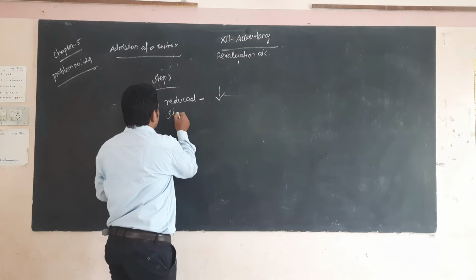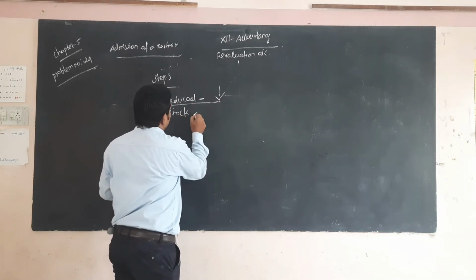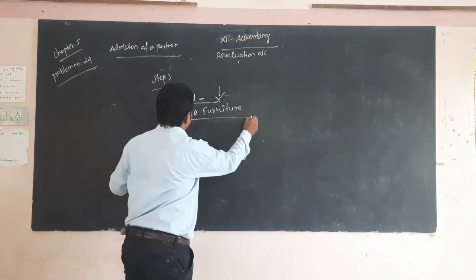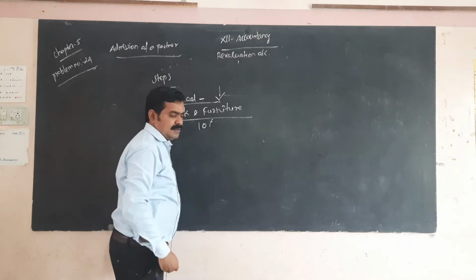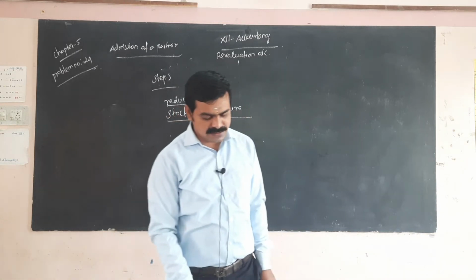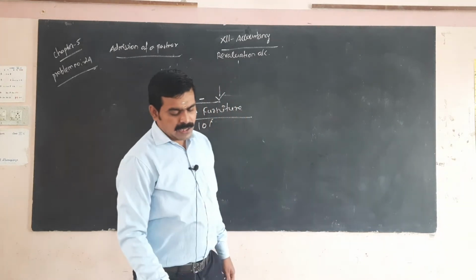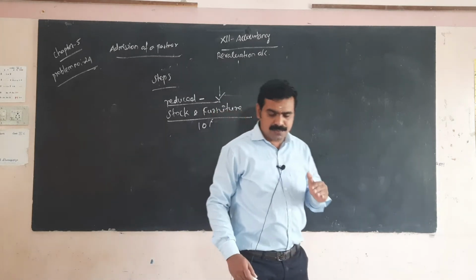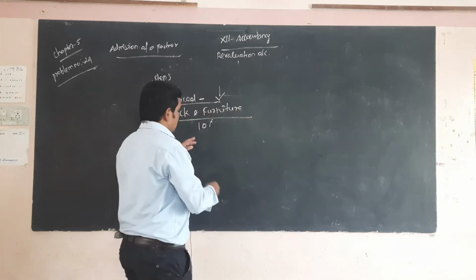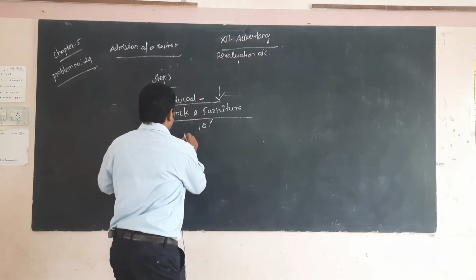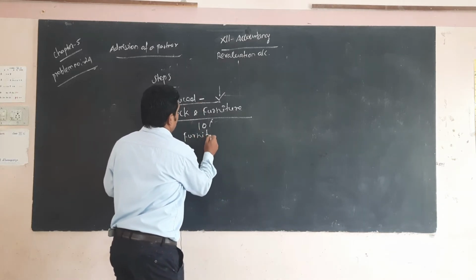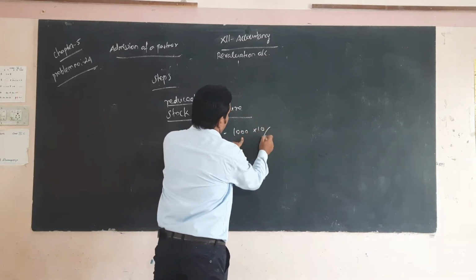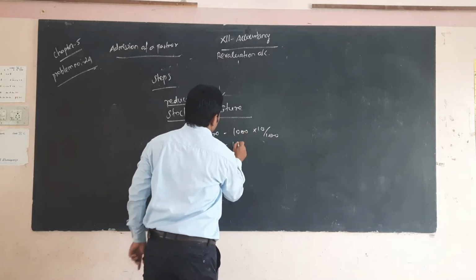Stock and furniture, 10%. And also a reserve is created. So 10% of what is the actual value? I already told you, furniture is 25,000. Okay, furniture 1,000, 10% means 10/100 into 10/100, so total 100.